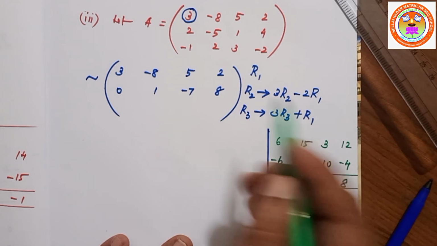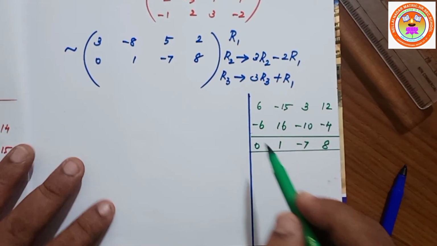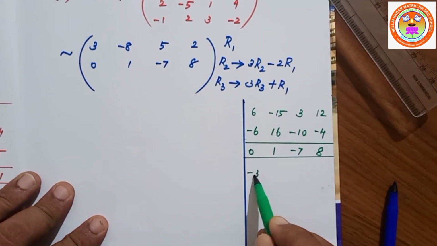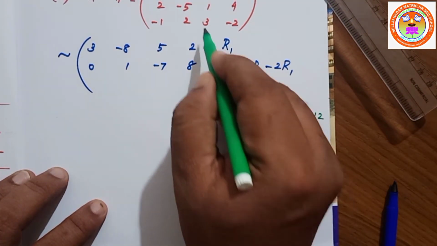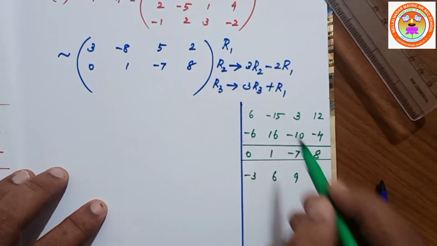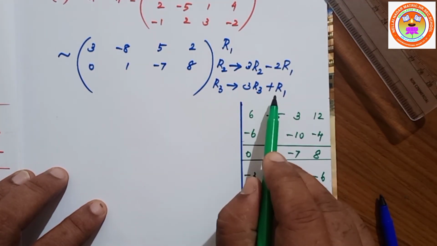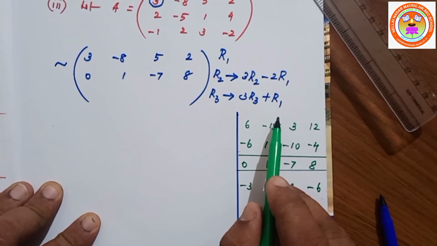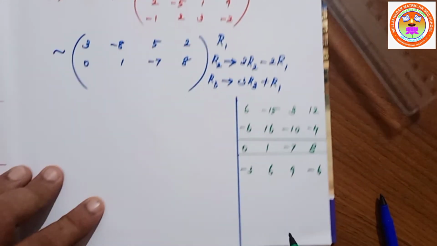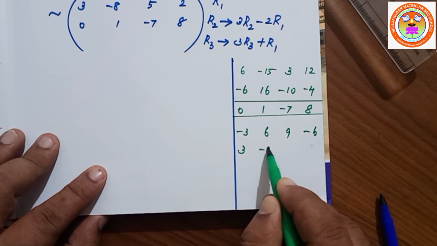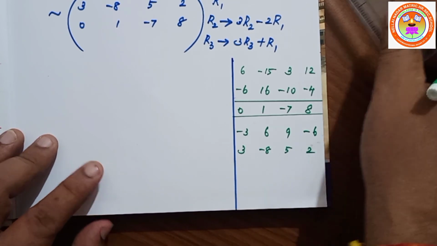If we multiply it by 3, you will be getting minus 3. I do the calculation here. 3 2s are 6, 3 3s are 9, 3 into minus 2, minus 6. Plus R1 means write as it is: 3, minus 8, 5, 2.